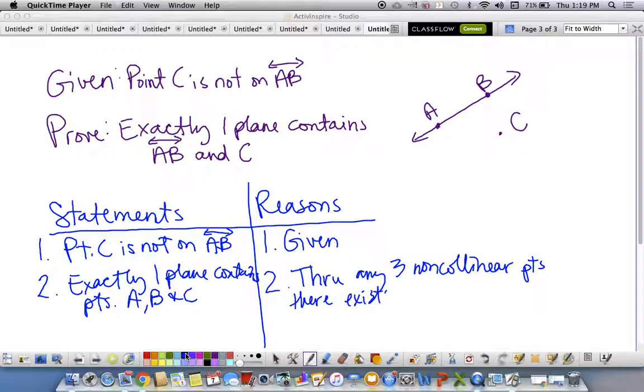I probably could have done without the word exists. Through any 3 non-collinear points exactly one plane. I'm going to paraphrase, but you still need to tell me that you know what that postulate says. I need a good amount of it.